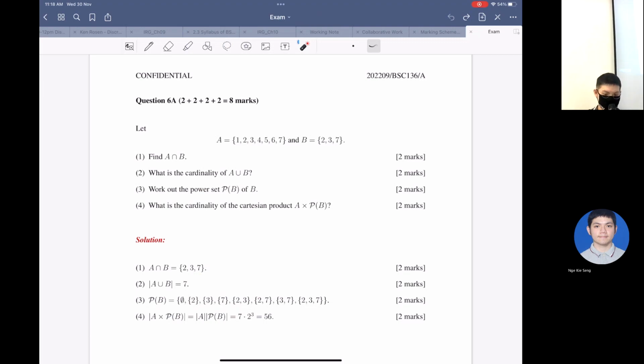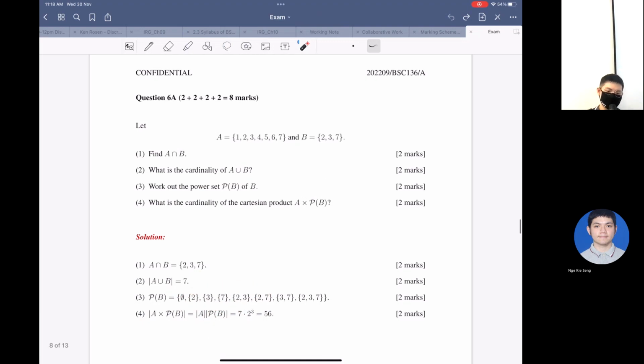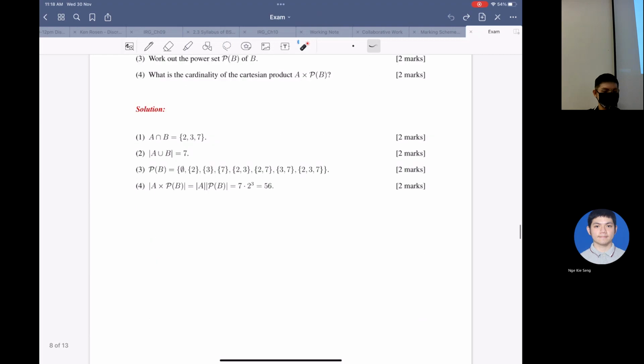If you calculated the wrong cardinality for the power set of B but multiplied them, I think I still give you marks, because you just used the wrong number but you know how to calculate. Okay, for question 6, then we move on.